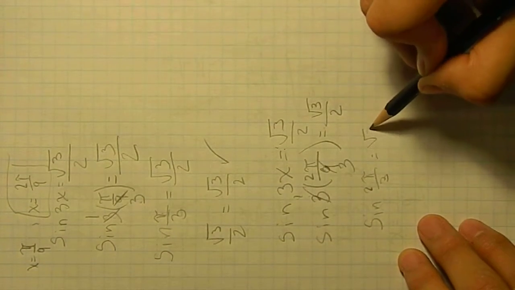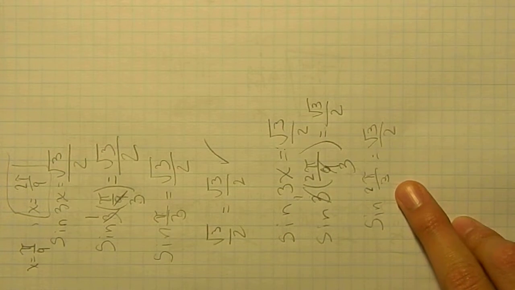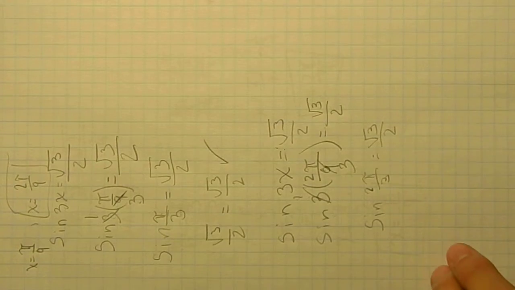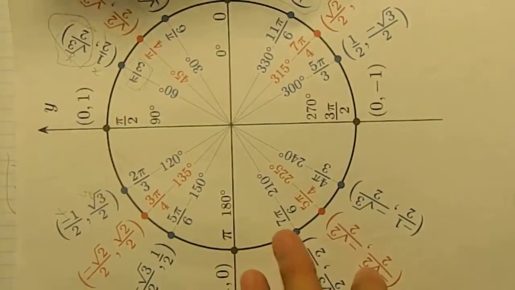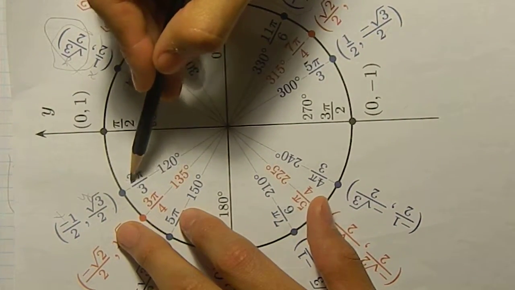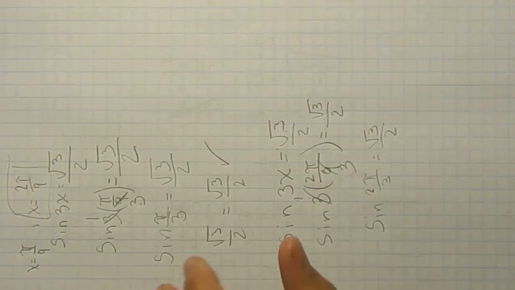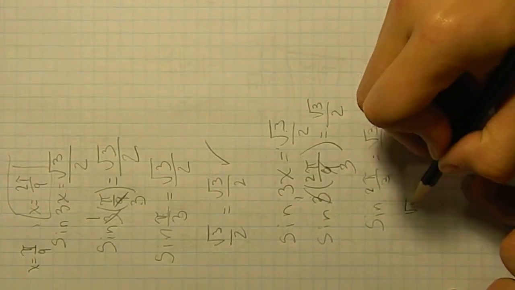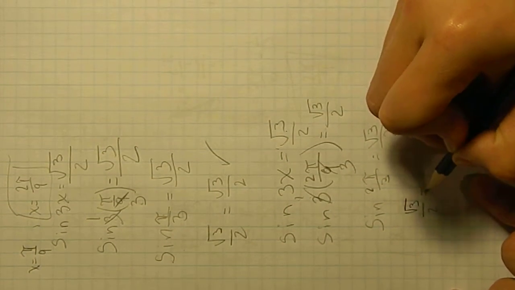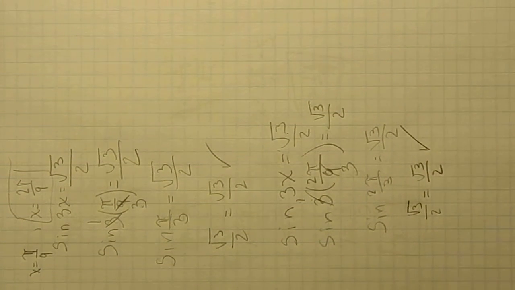And we go back to our unit circle and ask, when sine is 2 pi over 3, what is it equal to? Like we said before, sine of 2 pi over 3 is square root of 3 divided by 2. And there you go. This is how to solve an identity.